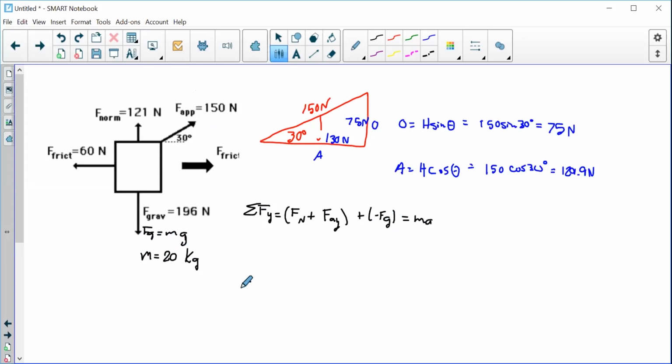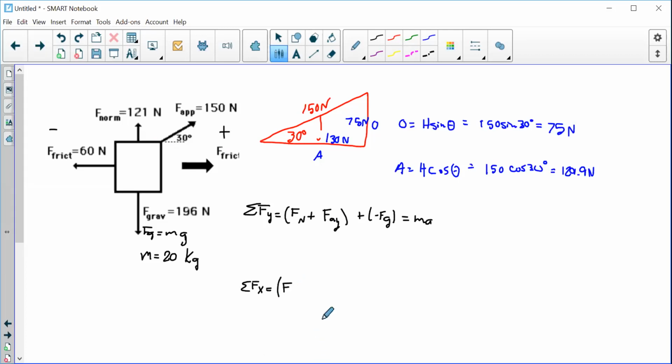Let's set up our qualitative sums of forces in the x direction. What's acting in the positive x direction? We're going to call to the right positive and to the left negative. So which force is acting to the right?